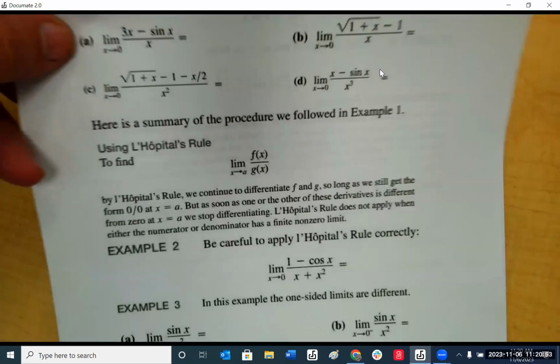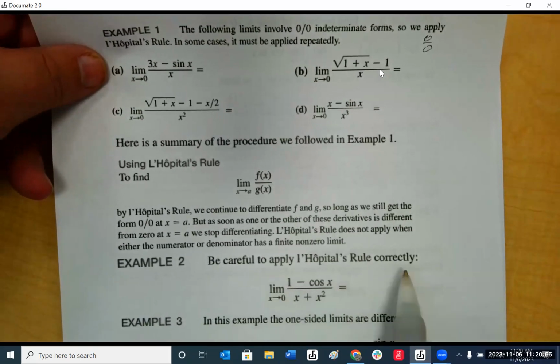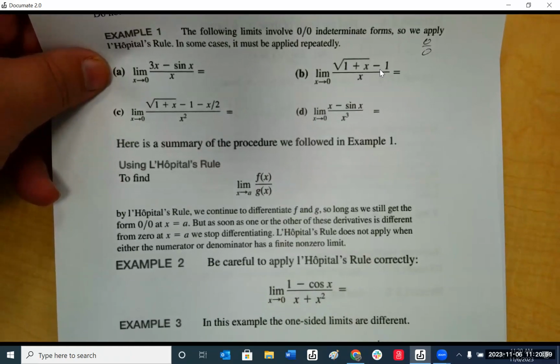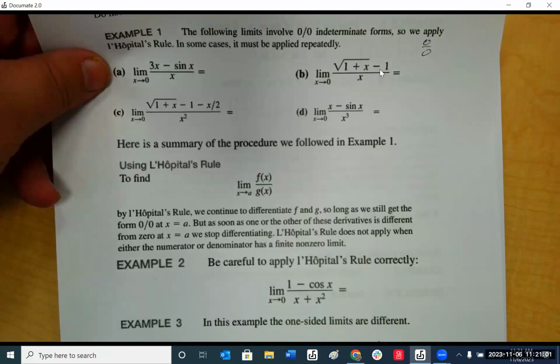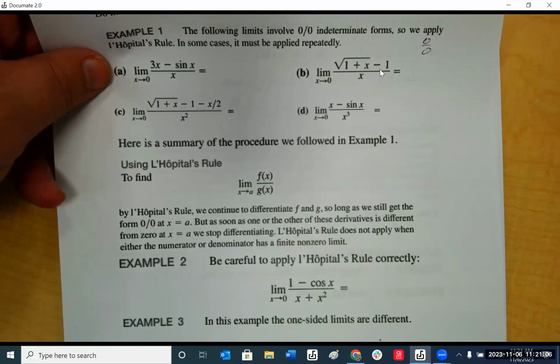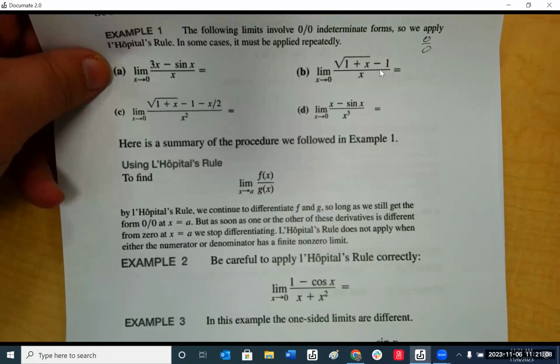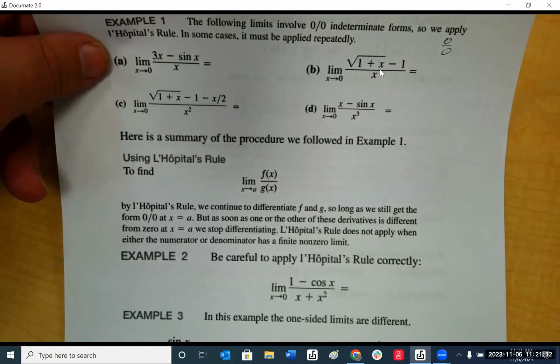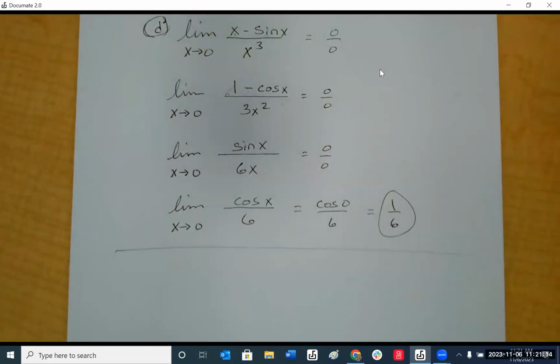Okay, let's look at number 2. Be careful to apply L'Hopital's rule correctly in this equation. 1 minus cosine x over 1 plus x squared. Okay, let me write that down.